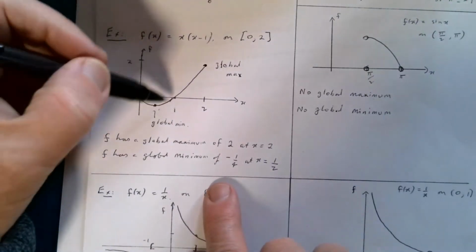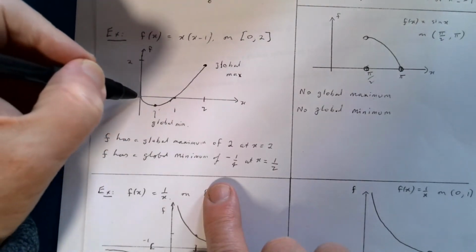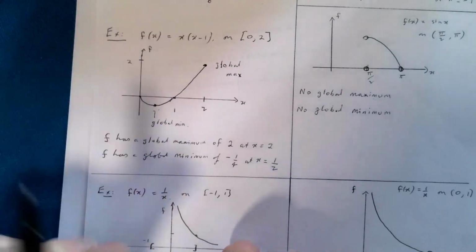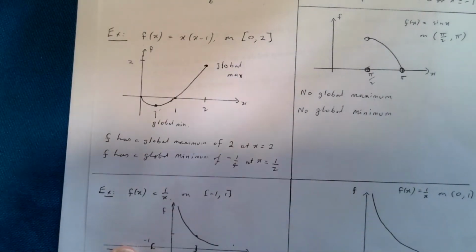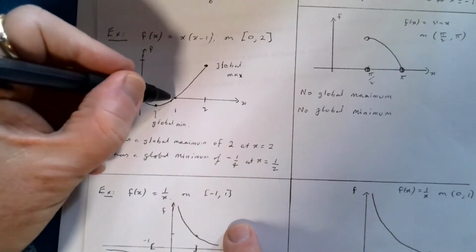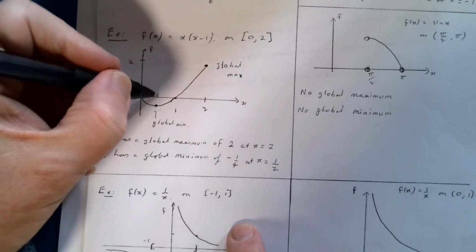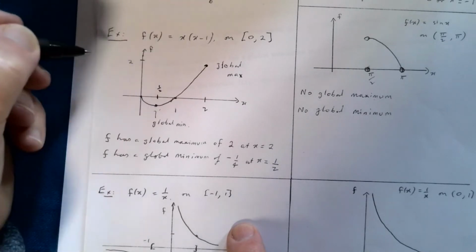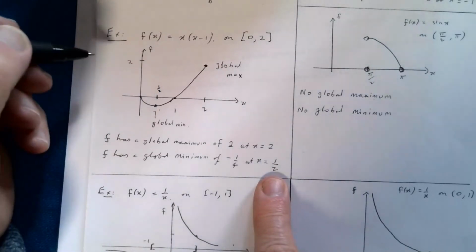Now for the minimum, well, because it's a quadratic, you know that the turning point happens at the average of the roots. I'm sure that's a result you've seen before, that for a quadratic, the turning point occurs at the average of the two roots. So 1 plus 0 is 1, divided by 2 is a half. So it's going to have a global minimum at x equals a half.